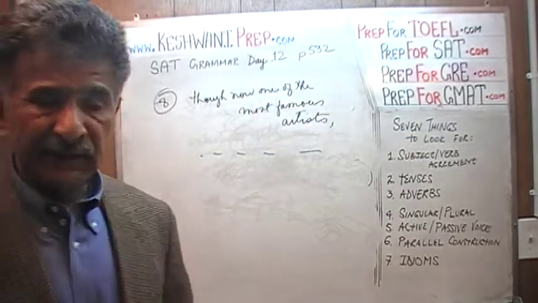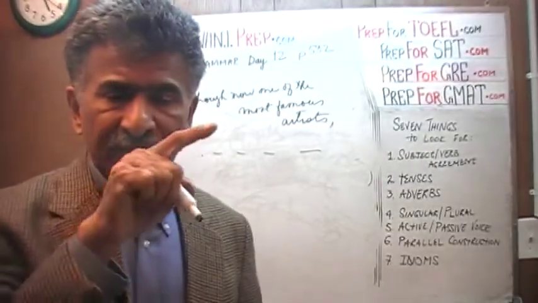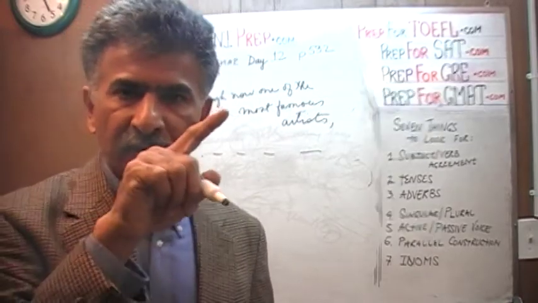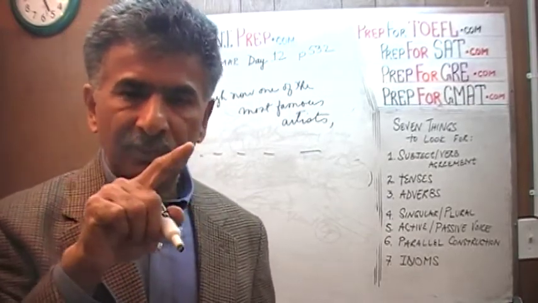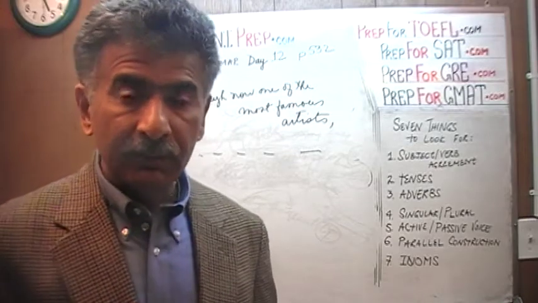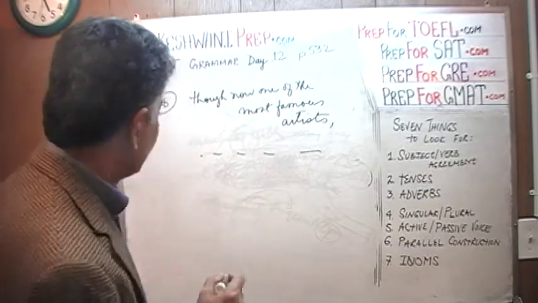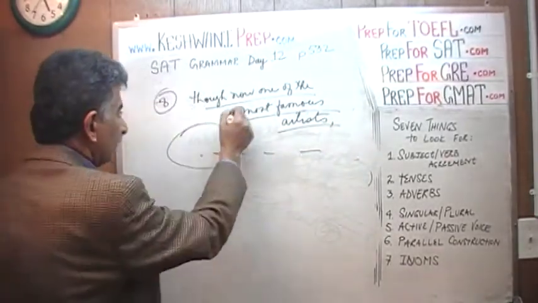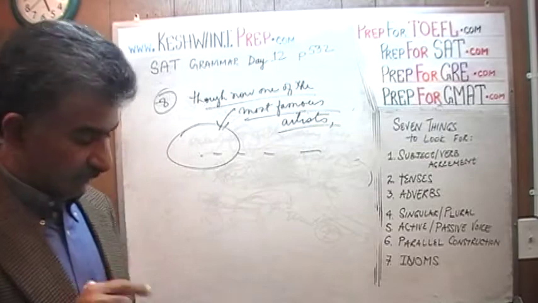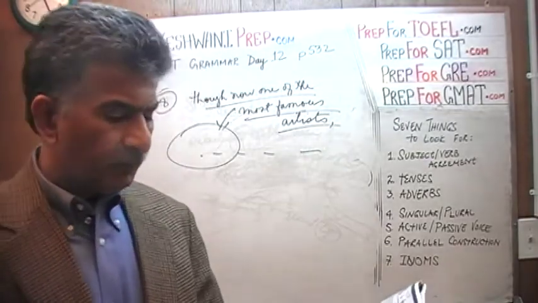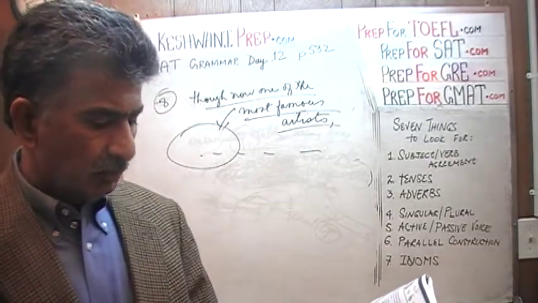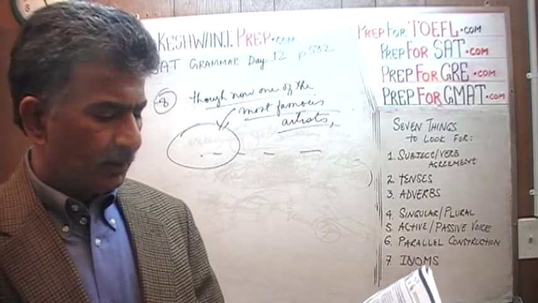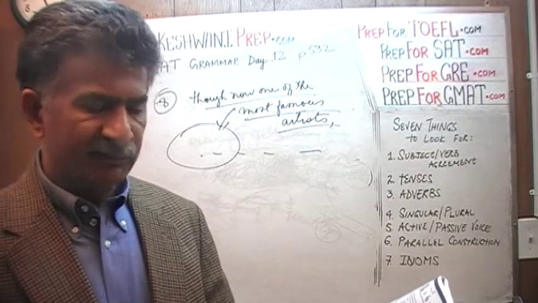When the sentence starts out like this, when you start describing something or someone, that someone or something has to be mentioned immediately after this phrase that applies to that person or that thing. That's what's wrong with this part here. They go on to say, though now one of the most famous abstract artists, critics once ridiculed Jackson Pollock.